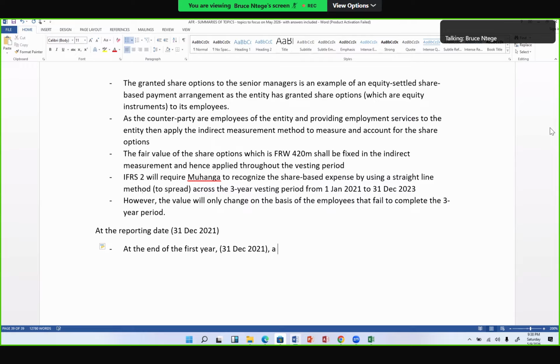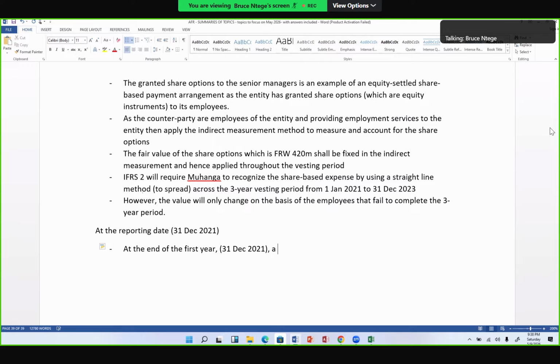So a share-based expense is computed taking into account the number of employees that are likely to fail to complete the 3-year vesting period. And they've told us that those will be 10%.